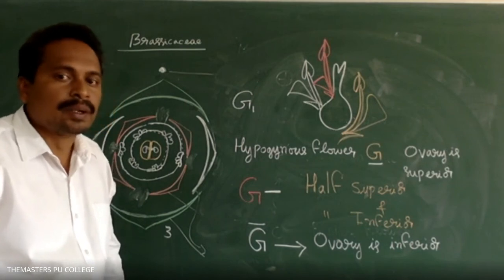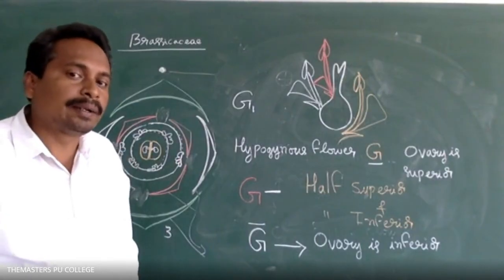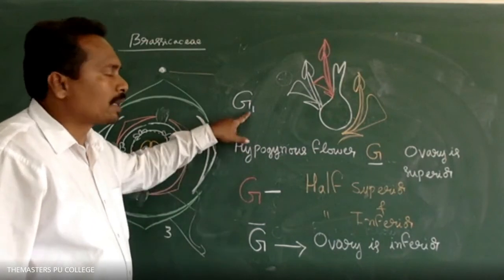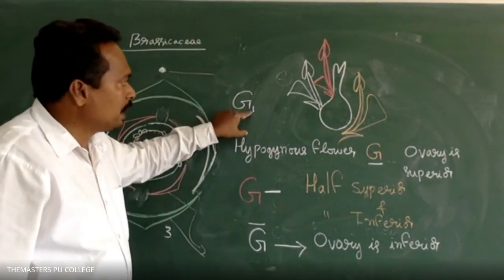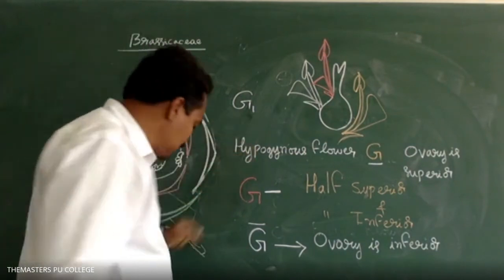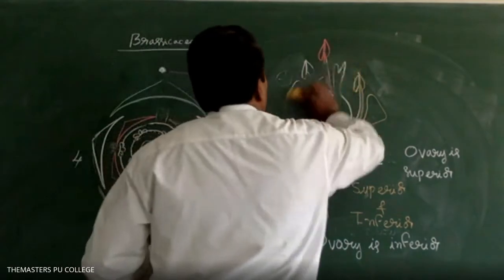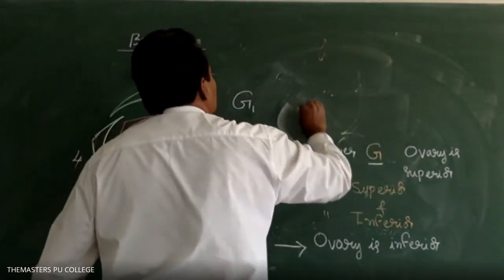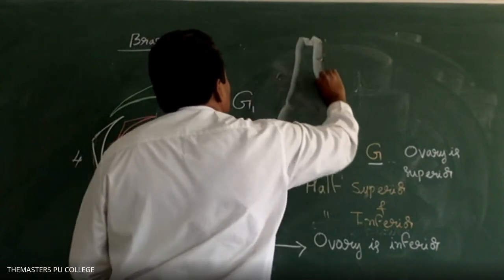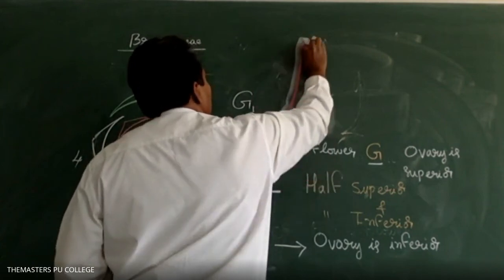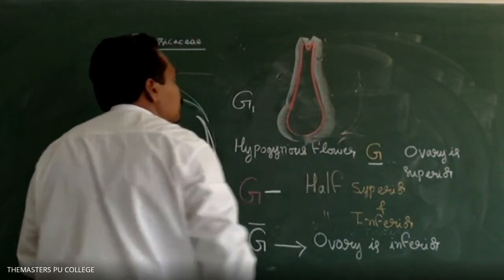Two types: monocarpellary and multicarpellary. Monocarpellary means one carpel is present. So G1 represents that the gynaecium consists of one carpel.